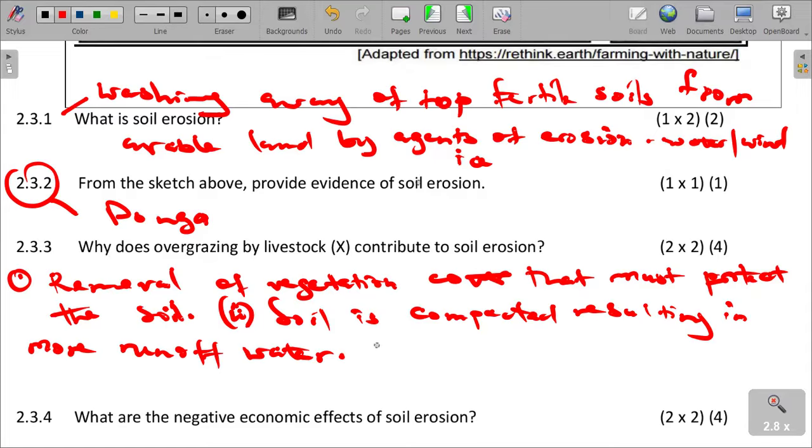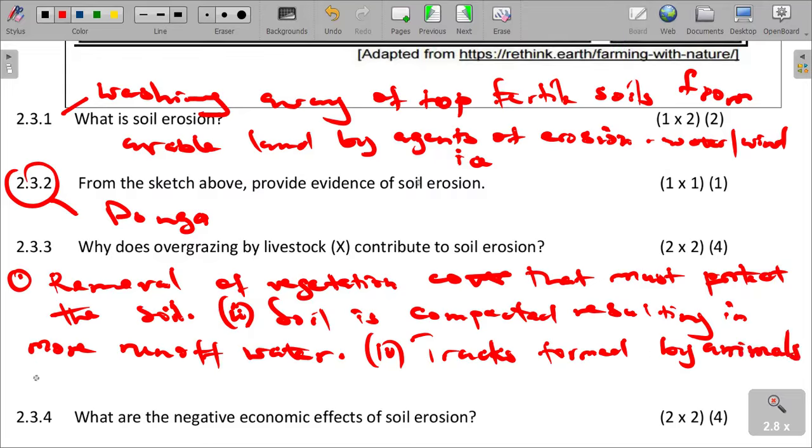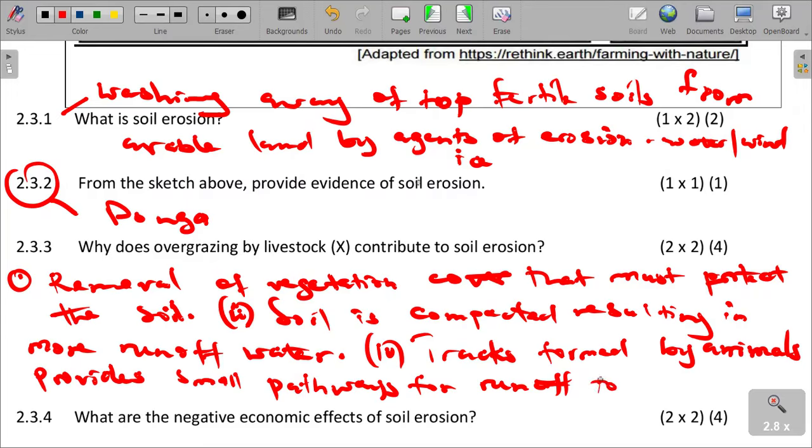And then we talk about tracks. Tracks formed by animals provide channels for runoff, small pathways for runoff to occur.